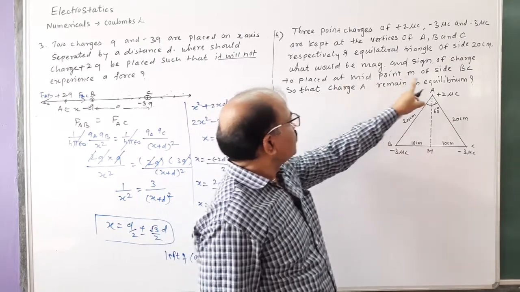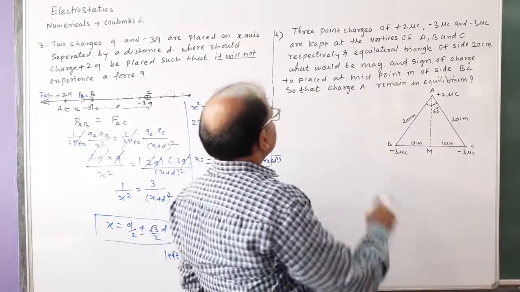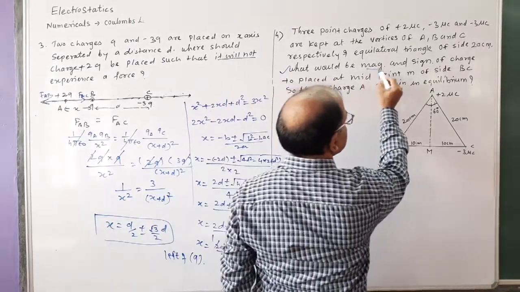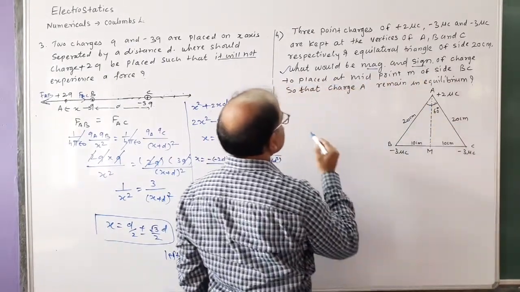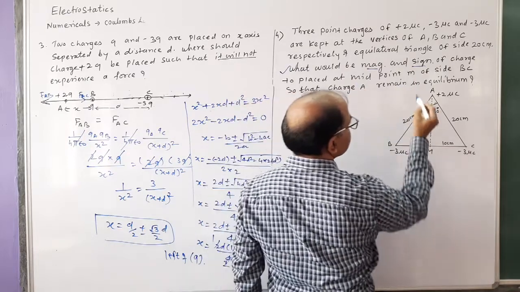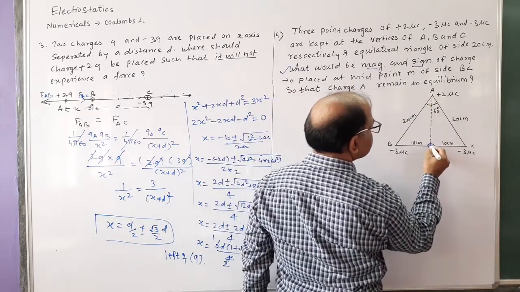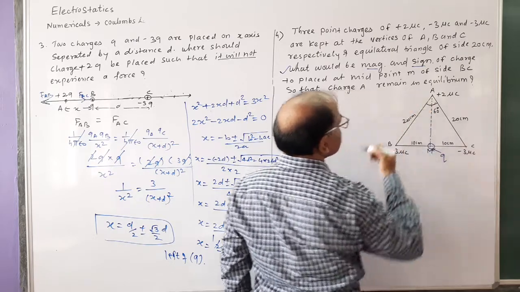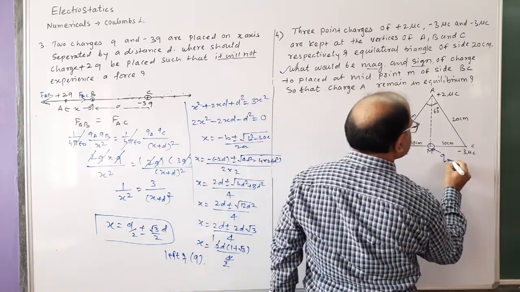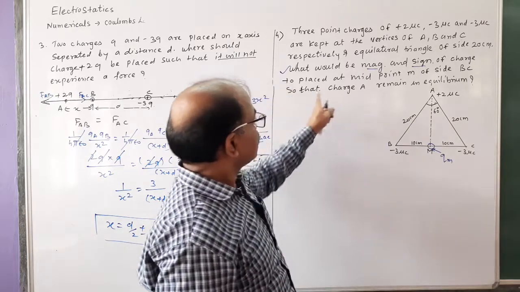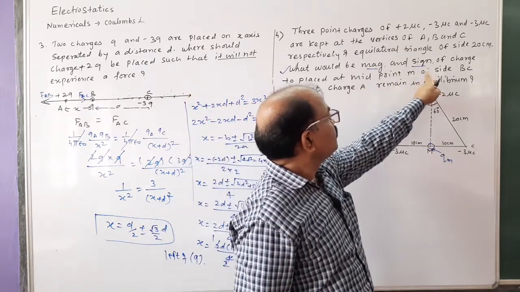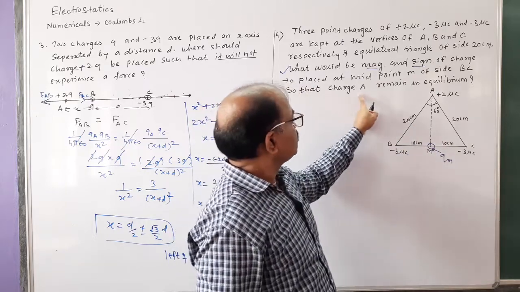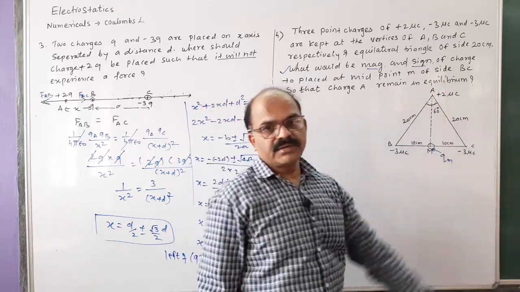What would be the magnitude and sign of the charge placed at the midpoint M of side BC, so that charge A remains in equilibrium?